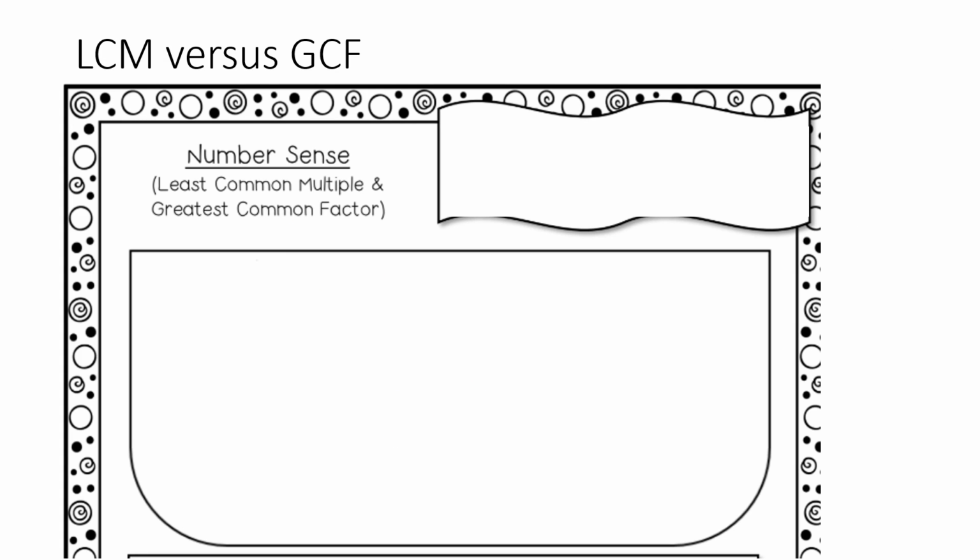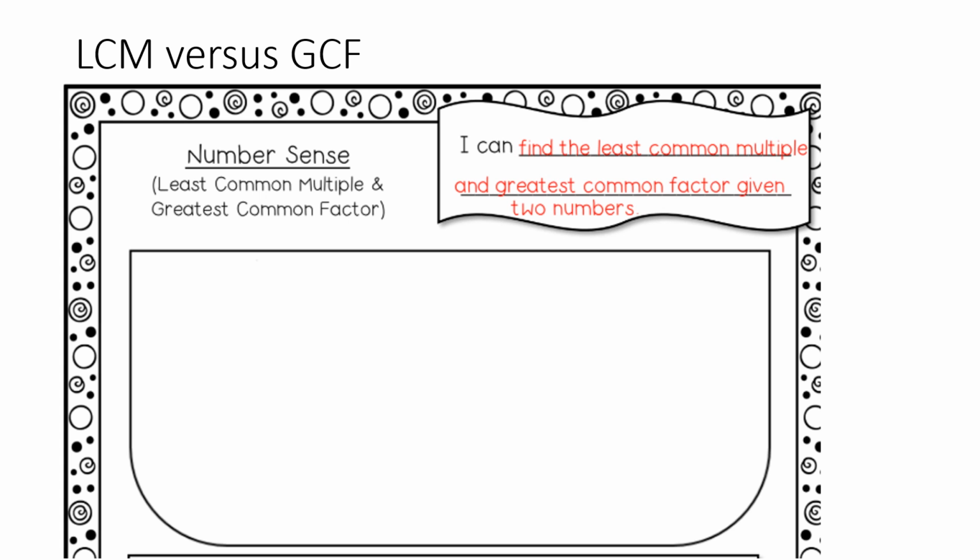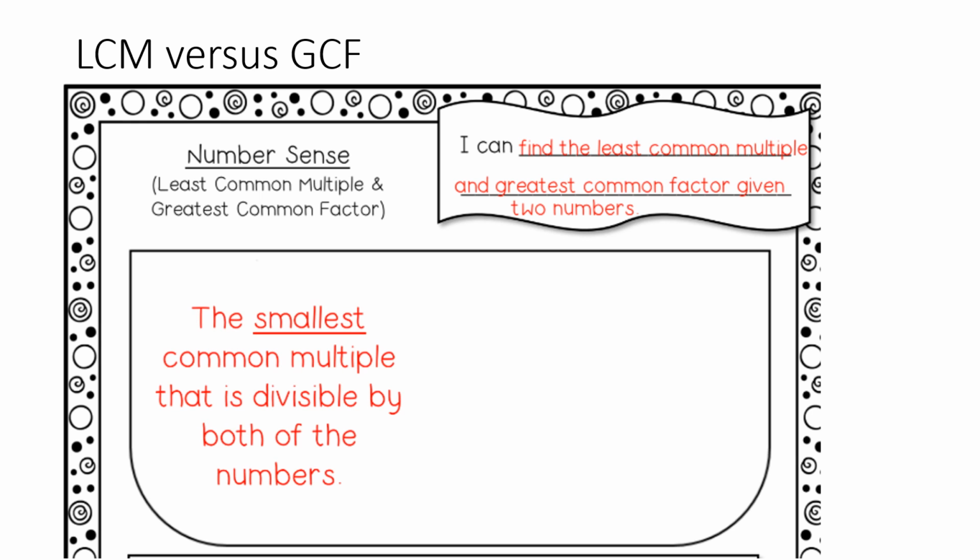Back to our notes. Open up your notes to LCM and GCF. I just wanted to review this real quick. So you can find the least common multiple and the greatest common factor of two given numbers. Remember the least common multiple, the LCM is the smallest common multiple that's divisible by both numbers.